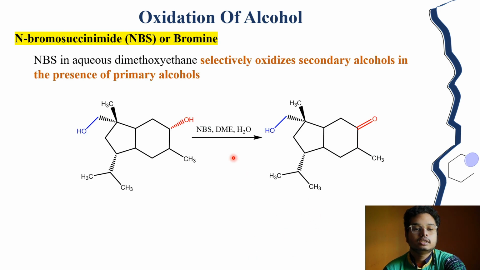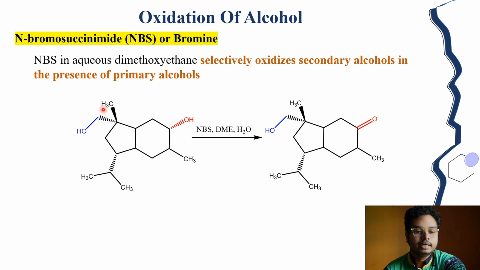Another selective secondary alcohol to ketone oxidation uses N-bromosuccinimide in aqueous condition. NBS in aqueous condition selectively oxidizes secondary alcohol in the presence of primary alcohols. So this is also a chemoselective reagent.